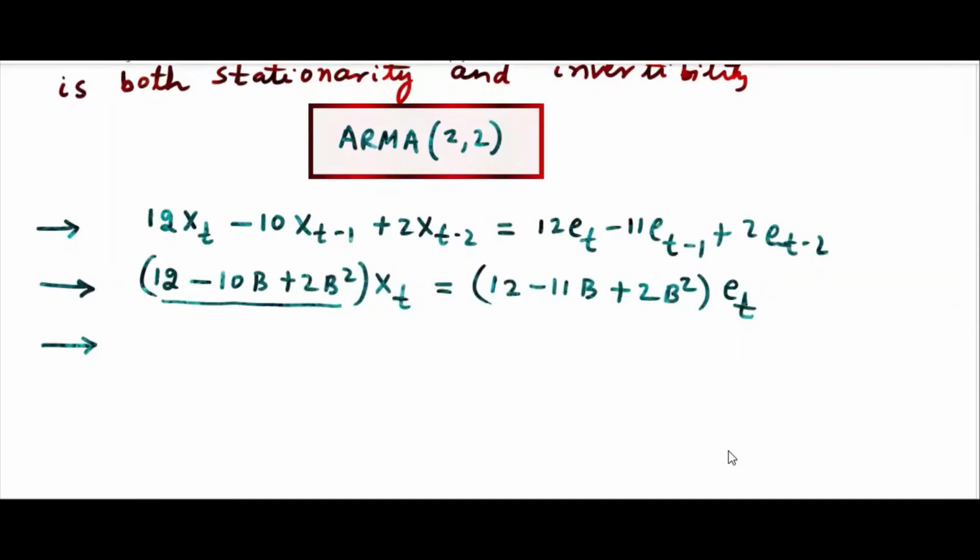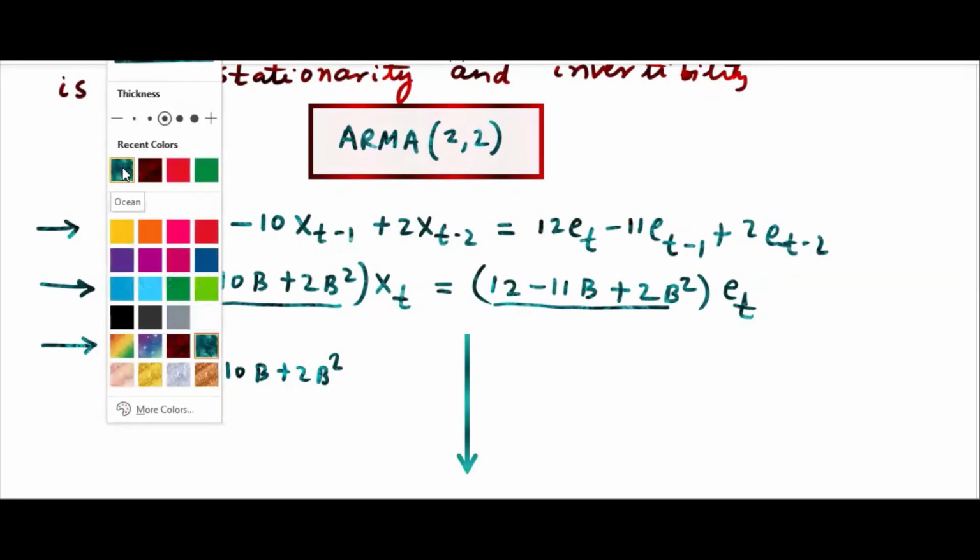And if you see the next step, this part you have to check for X_t minus mu. There is no constant term here. Normally you get X_t minus mu, this is a function of B, this is another function of B. This part we will take and check for stationarity. And this part we need to check for invertibility.